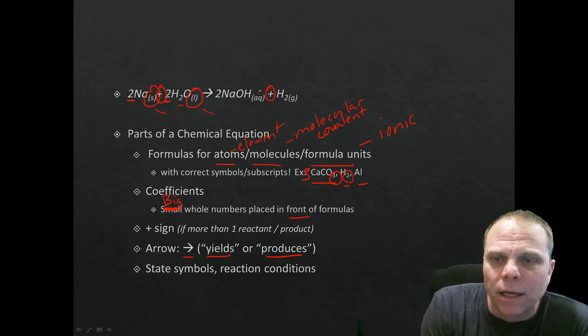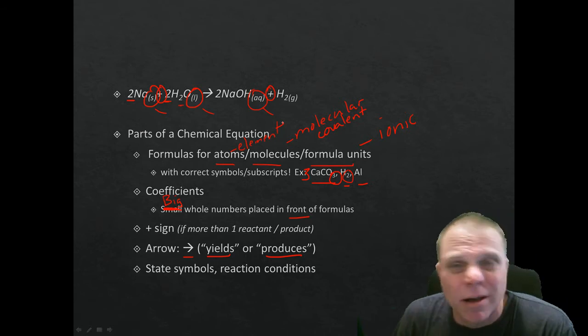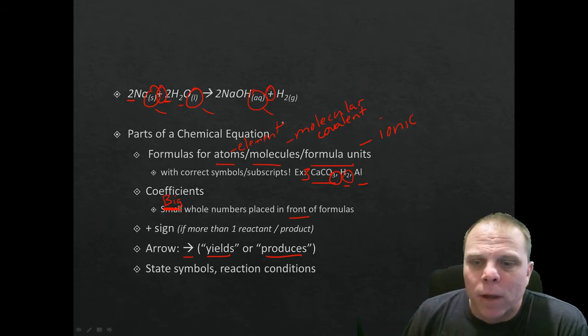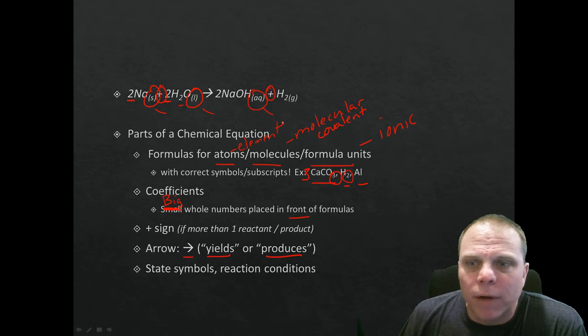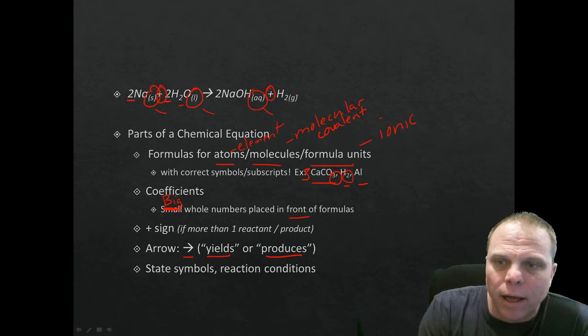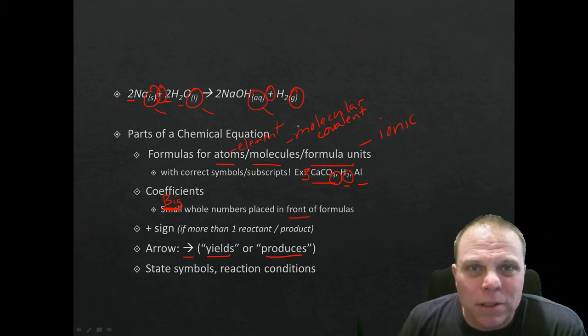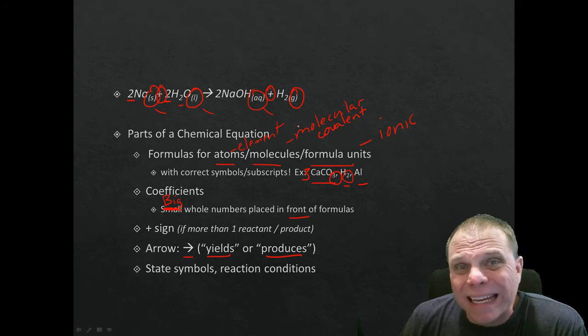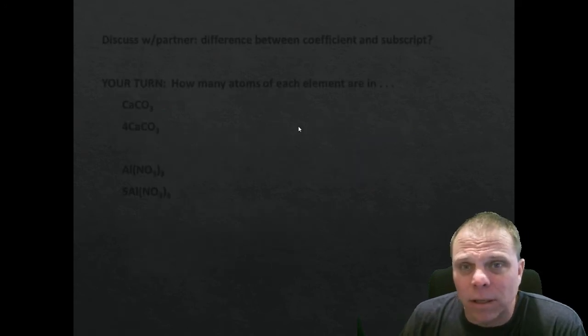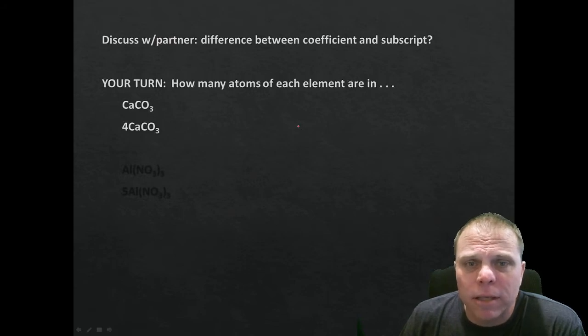That's a solid, that's a liquid, that means aqueous, which means it's dissolved in water. Okay, you can also have gas. There we go, right over there. And so you've got 4 different symbols that we can use to indicate the state of the substance that we're dealing with.